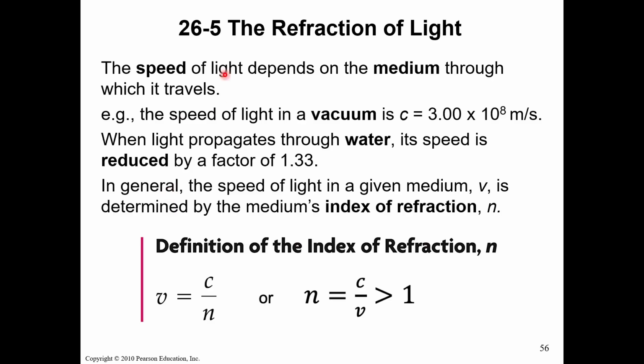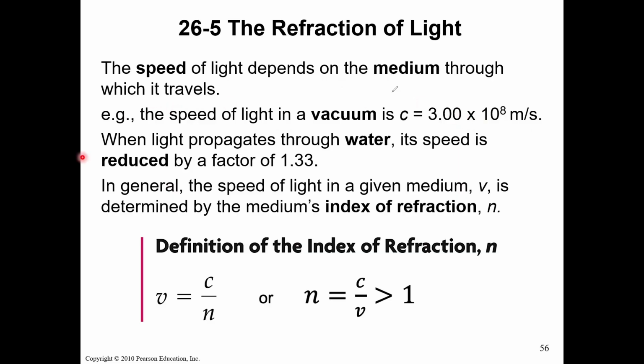To understand the refraction of light, we talk about the speed of light. Speed of light actually depends on the medium through which it travels. We learned that the speed of light in vacuum is a defined value, about 3 times 10 to the 8 meters per second, or 300,000 kilometers per second.